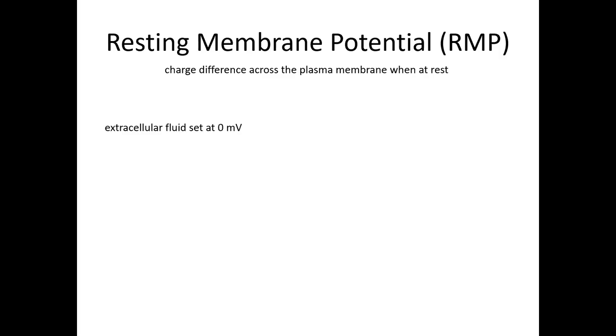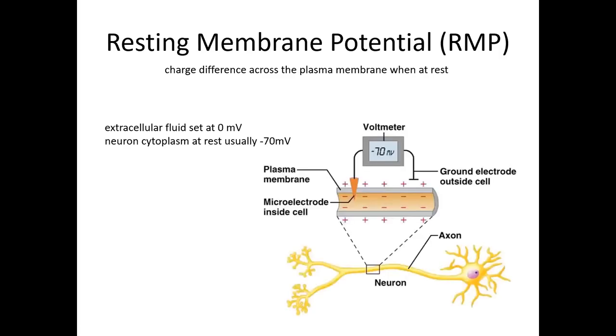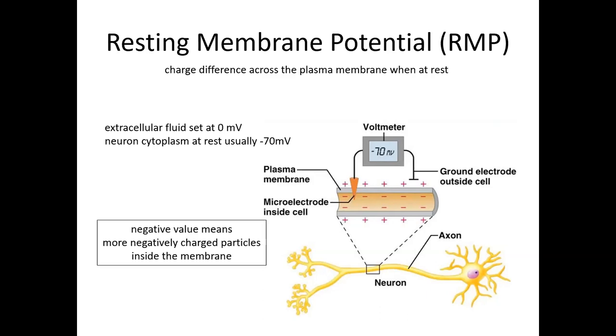If we set that extracellular fluid at 0 and we put that microelectrode into the cytosol of the axon, it will measure around -70 millivolts. This is our starting point, also known as the resting membrane potential.